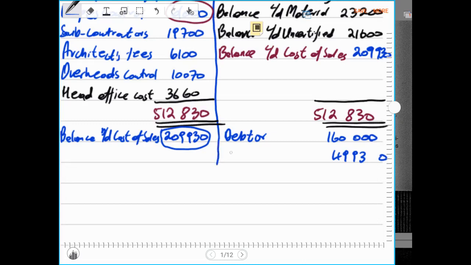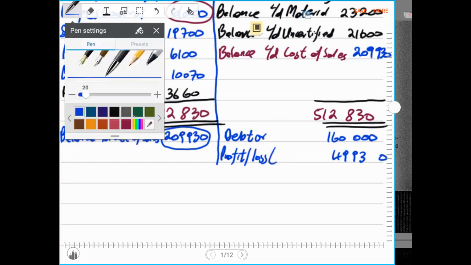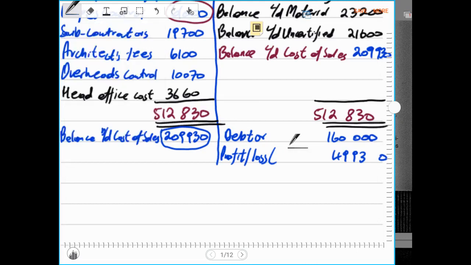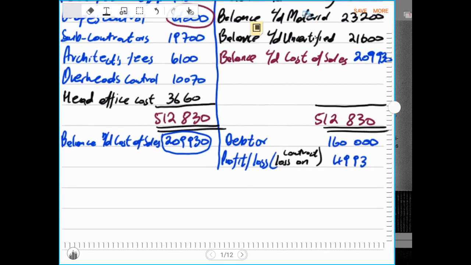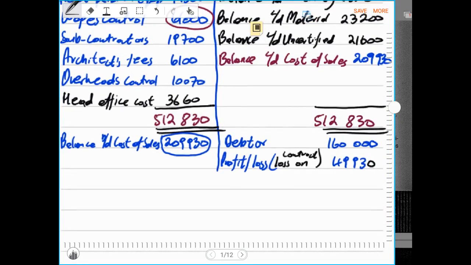So this will be recorded as profit or loss, which in brackets is a loss on contract. In brackets, you can just say loss on contract, which is 49,930, the amount of the loss on this contract.